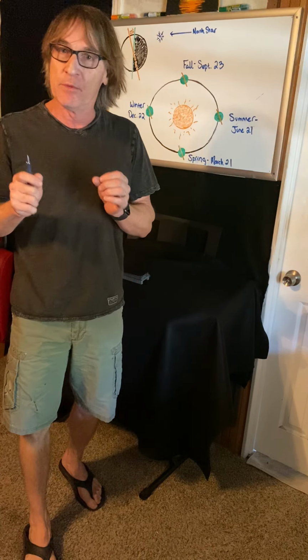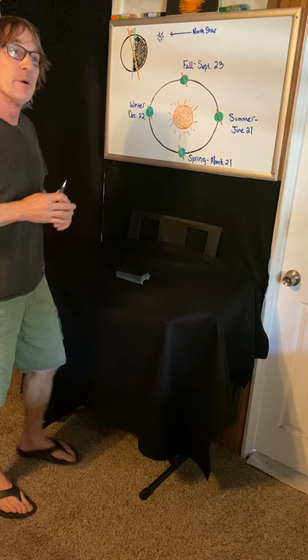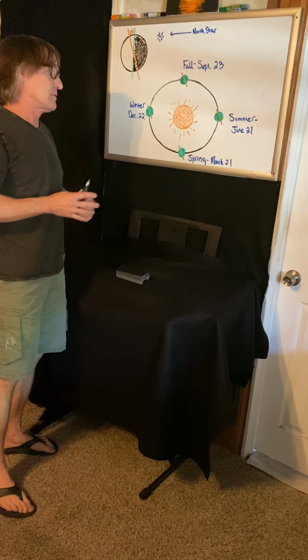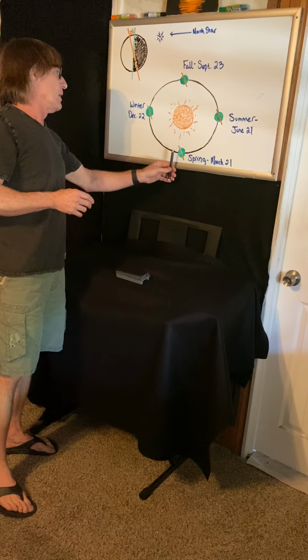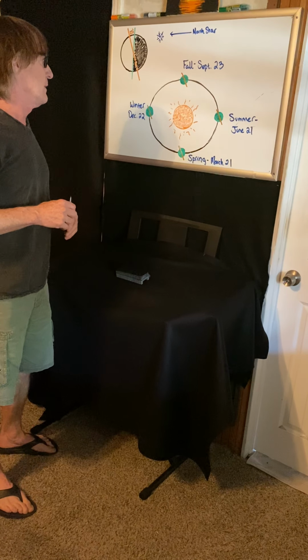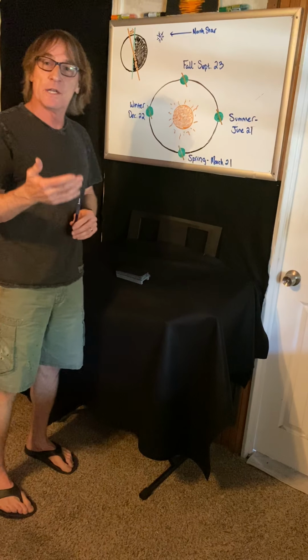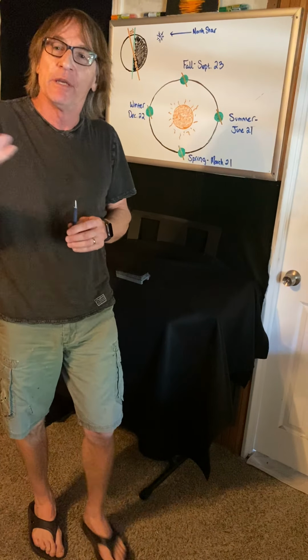We're not experiencing as much direct heat as in the summer, but a little bit more heat because of our angle than we were in the winter time. Okay, so when you watch this video again, it'll be clearer because you'll see the moving parts, right? And that's really important.